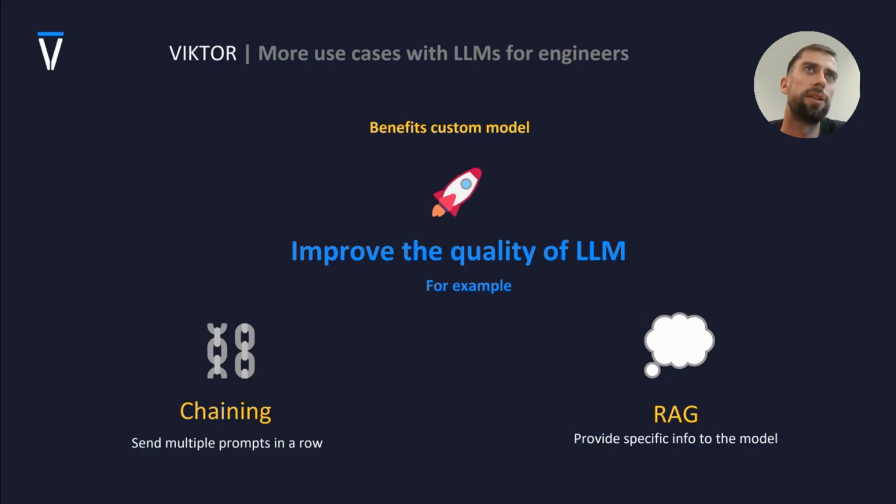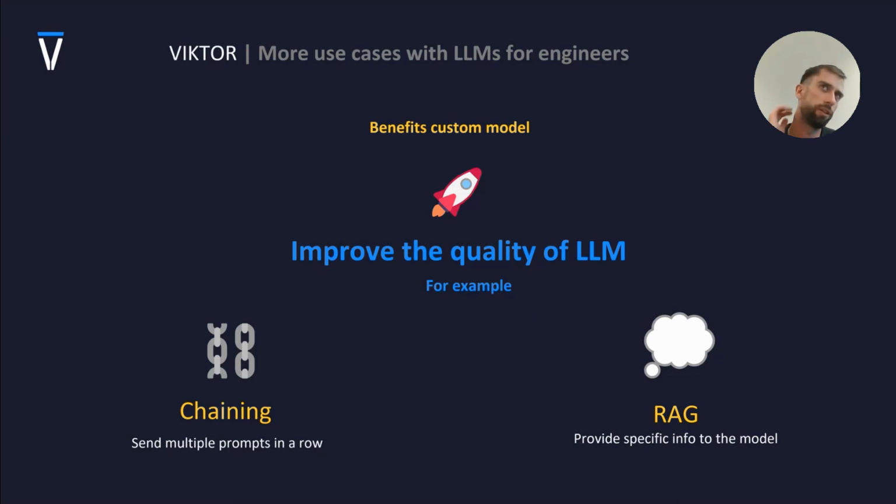So one of the techniques I use, for example, is chaining, which basically means you send multiple prompts in a row. And this is necessary because I actually noticed in the app that I'm working with Dutch documents here, and I would like the answer to always be in the same language as the question asked.